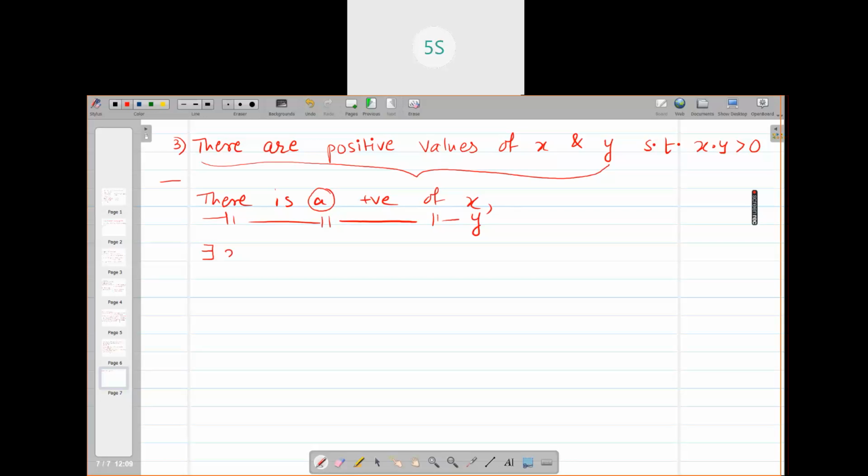There exists x, there exists y, such that, since positive values of x are mentioned, you also have to describe that: there exists x, there exists y, such that x is greater than 0 and y is also greater than 0 and their product is also greater than 0.